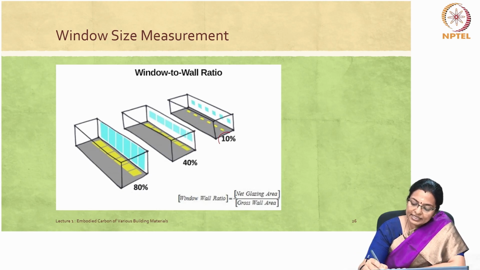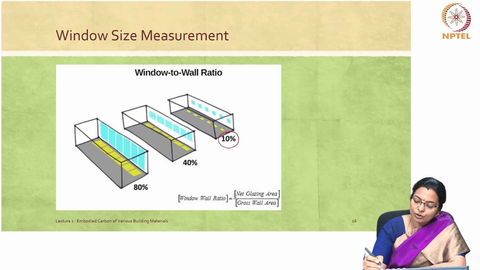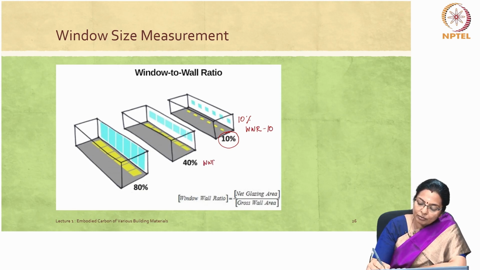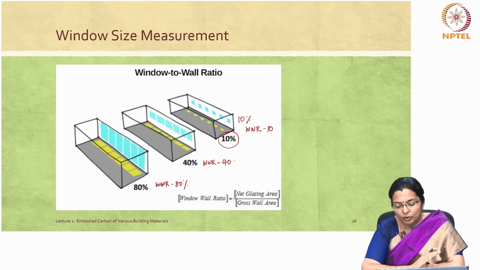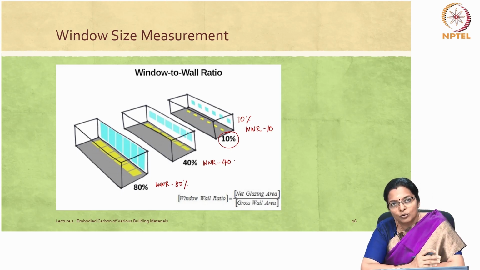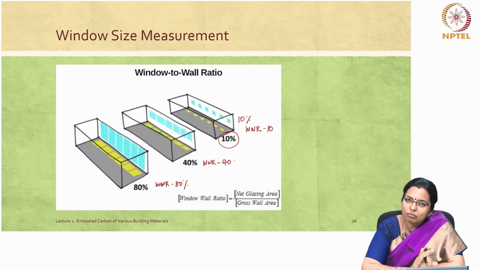So, here we can see it is just an indication to show what a 10% WWR means. So, a WWR of 10% looks like this, and a WWR of 40% looks like this. A WWR of 80% looks like this, and a WWR of 100% means almost the entire wall is made up of glass. That is what it more or less comes up to.